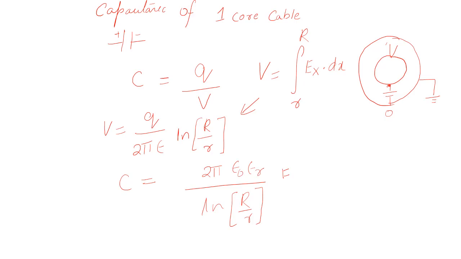So this is the capacitance of your sheath: 2 pi epsilon naught epsilon r over ln of R by r.